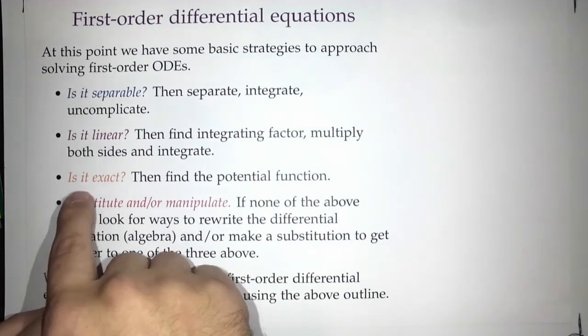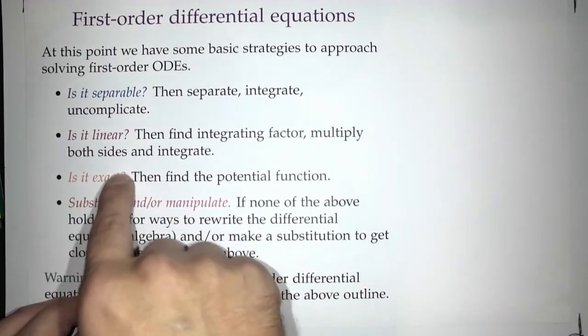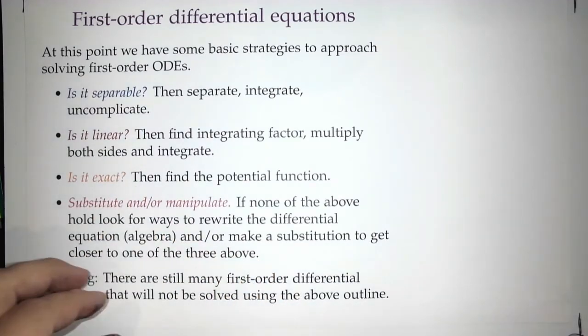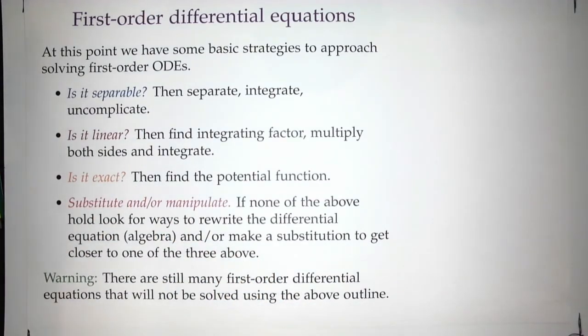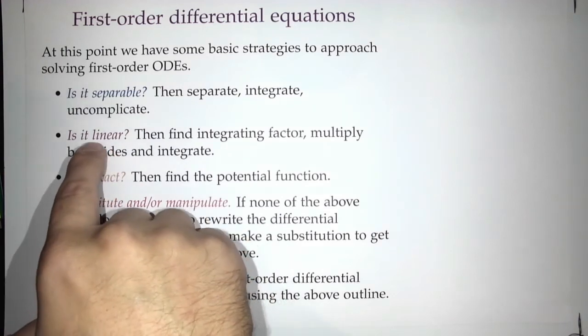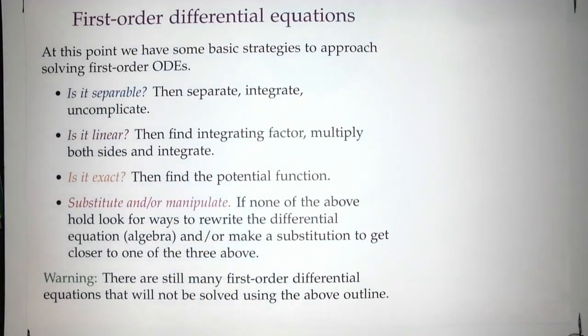By the way, I'll say it again. Don't worry about trying to make something exact. If it's not exact to begin with, then just forget it. Don't even try to make it exact. But maybe there's some kind of substitution that transforms something from being not separable to separable, or taking something that's not linear to linear. And that's what we talked about with substitution.